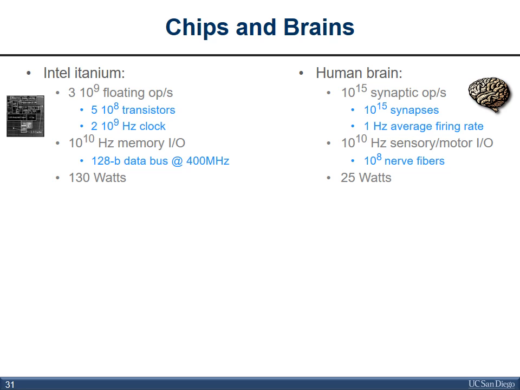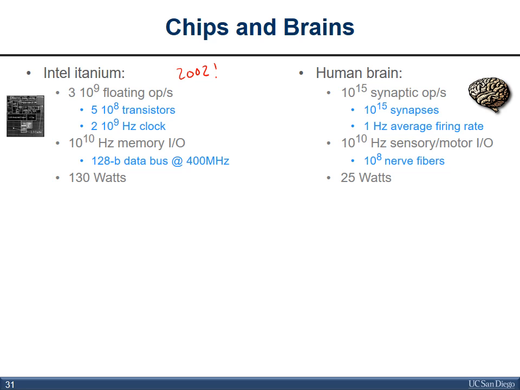So this is somewhat of an old comparison, but I think it's still very appropriate. This is an Intel Itanium processor that was released in 2002, so this is quite old, but its power consumption and number of ops is somewhat still similar to what you can get today. And if we compare that to the human brain, it has many billions of neurons inside of it.